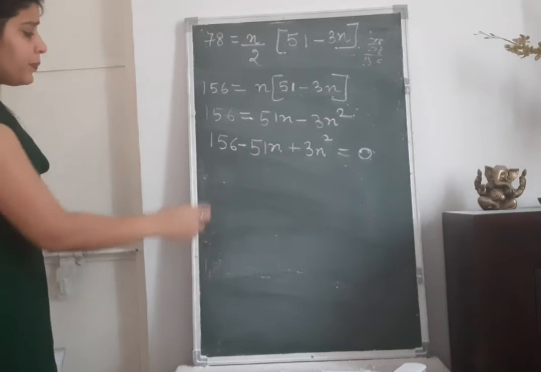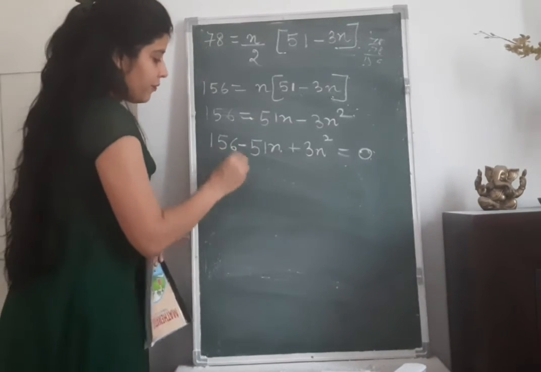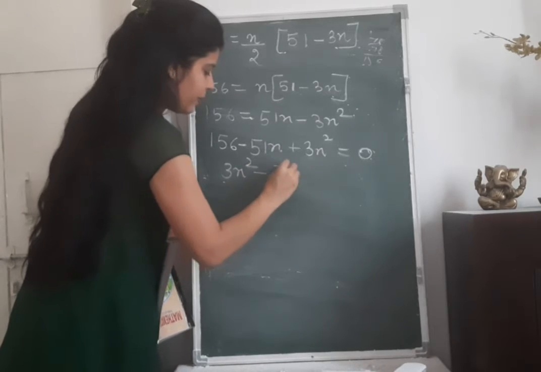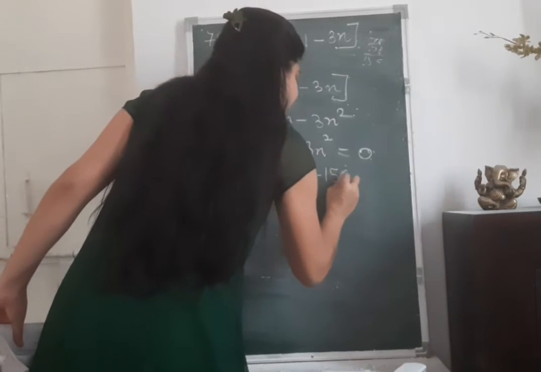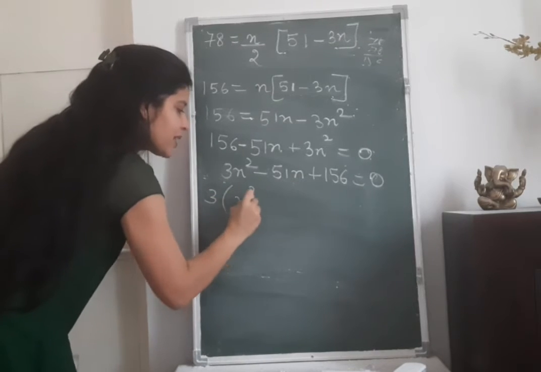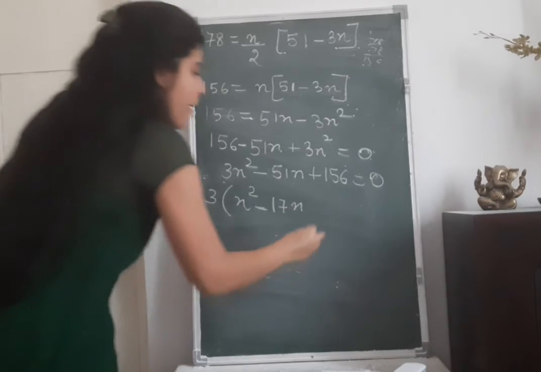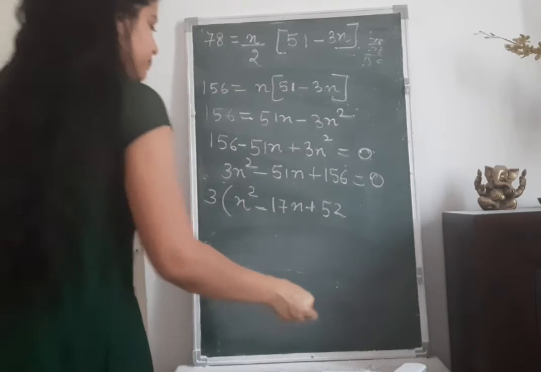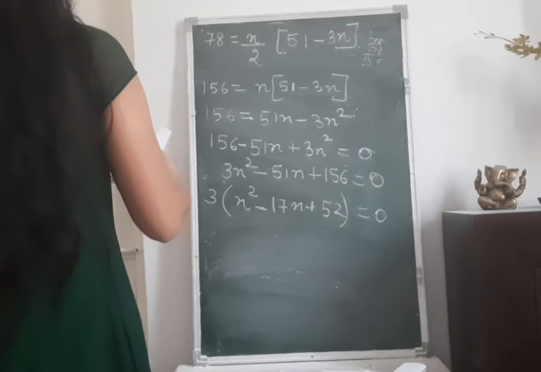Can I take 3 common out of it? Yes, I can. If I take 3 common out of it, let me write this equation as 3n square minus 51n plus 156 is equal to 0. I take 3 common out here, this becomes n square minus 17n plus 52 equal to 0, right?